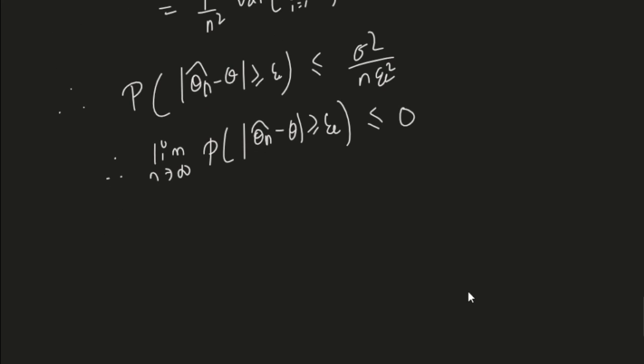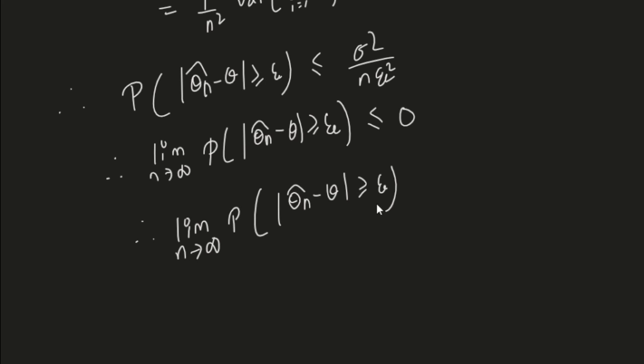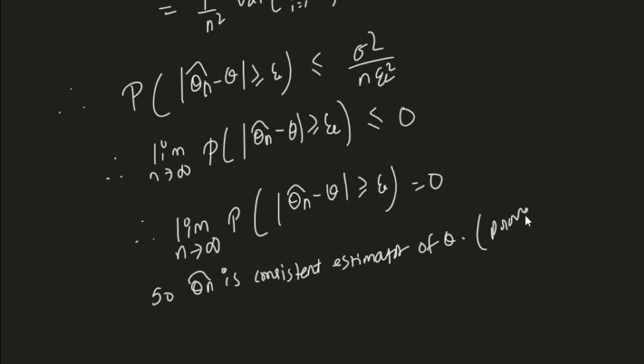And since probability is always greater than or equal to 0 as well, therefore the limit is zero. So theta n is a consistent estimator of theta, and this is proved.